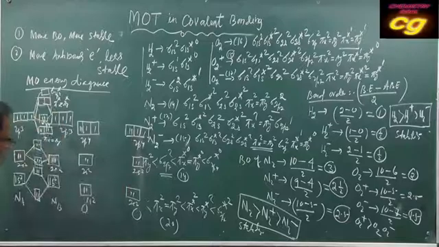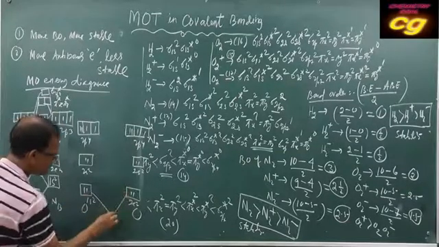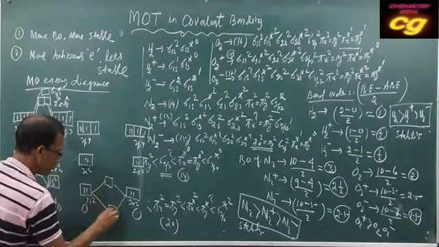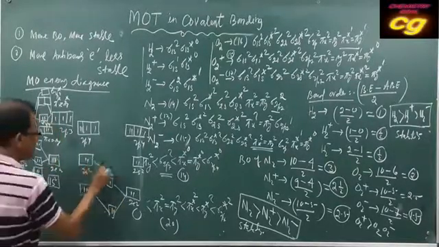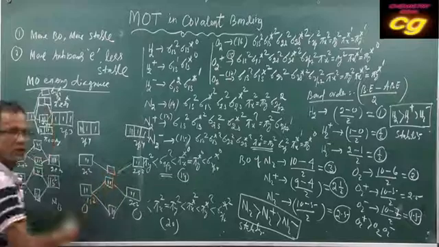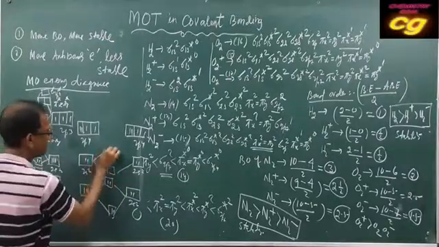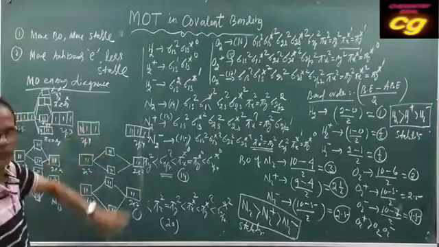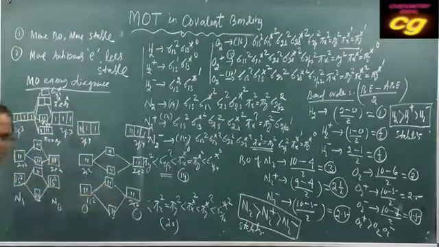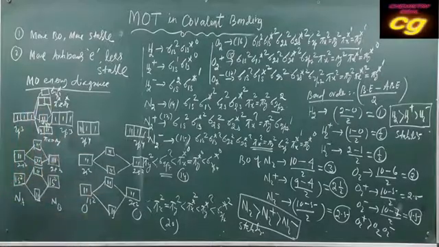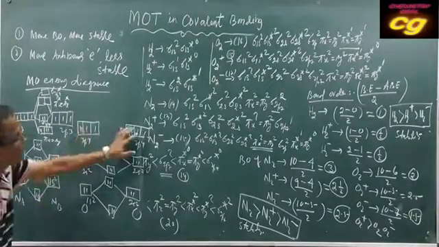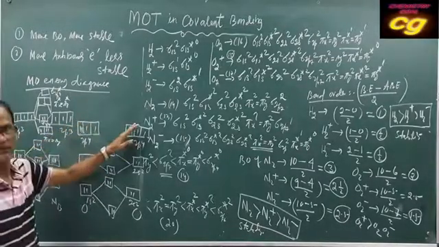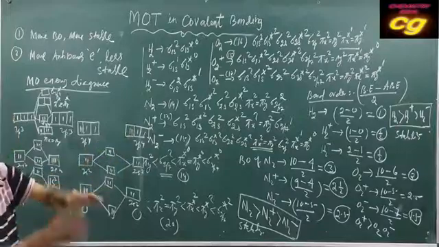Then I can fill up here bonding, antibonding, 2, 2, then bonding, antibonding, 2, then 4. 2p3 plus 3p orbitals forming 6 molecular orbitals.